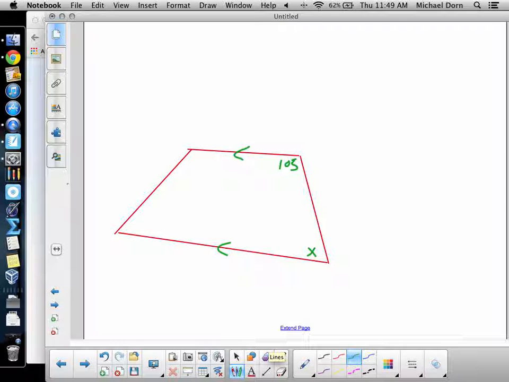Obviously, they aren't going to be congruent. They're going to be what? They're going to add up to 180. So x is going to have to be 75 in this case. And 15 through 20, we're pretty much always doing that. Just take 180 minus whatever they give you, and it gives you the other angle.